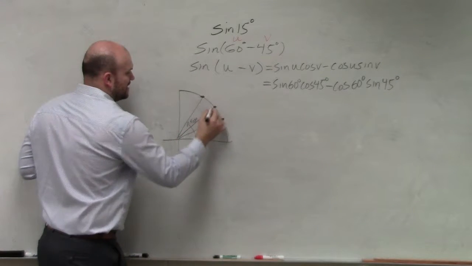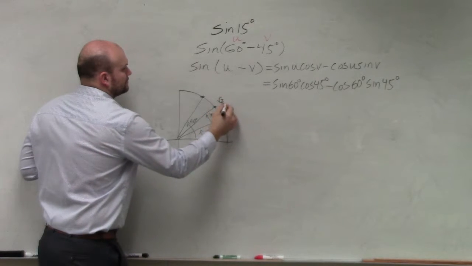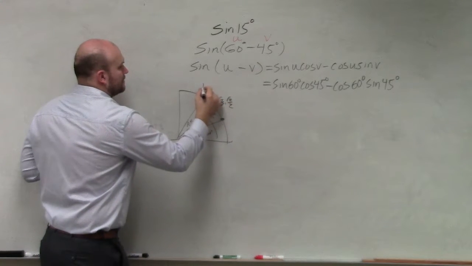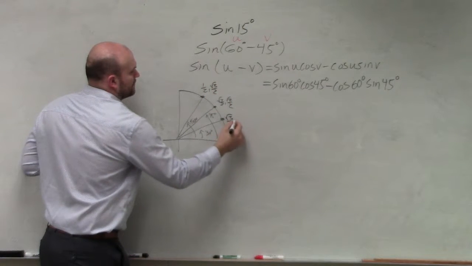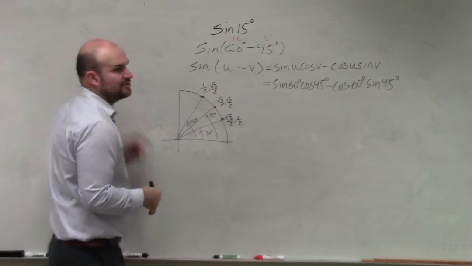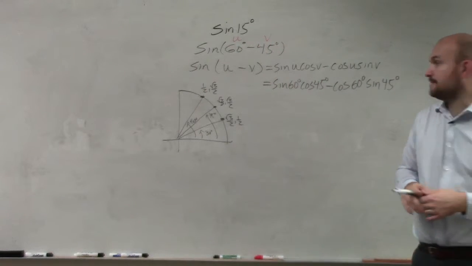So this is obviously 45 degrees. You guys should be able to create the first quadrant just like that very quickly. That's why we did some of the practice over there.